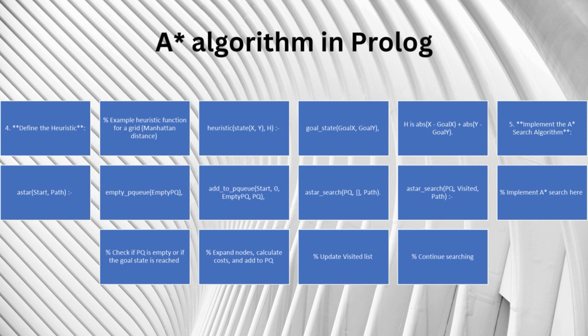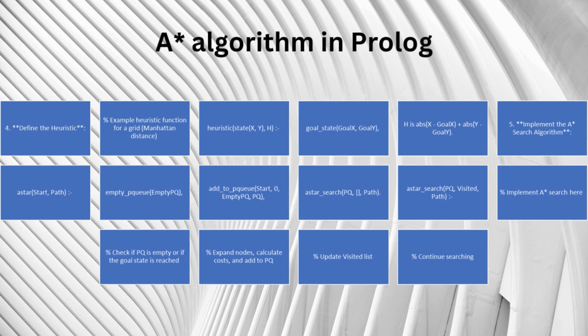Next process is implement the A star search algorithm. Define the A star search algorithm using predicates. You can use a priority queue or other data structure to keep track of states and their associated cost.